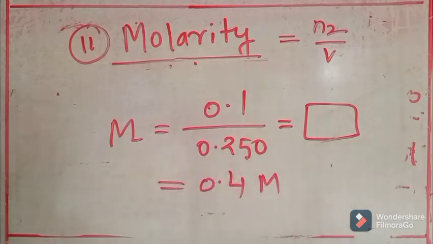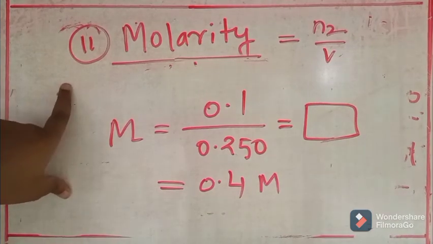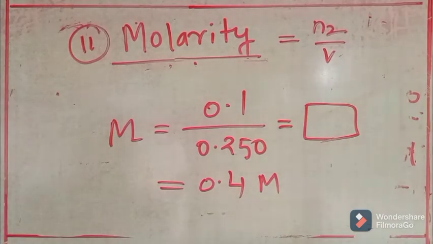So this molar solution is prepared by dissolving 4 gram of sodium hydroxide in water so that the volume of the solution becomes 250 ml.